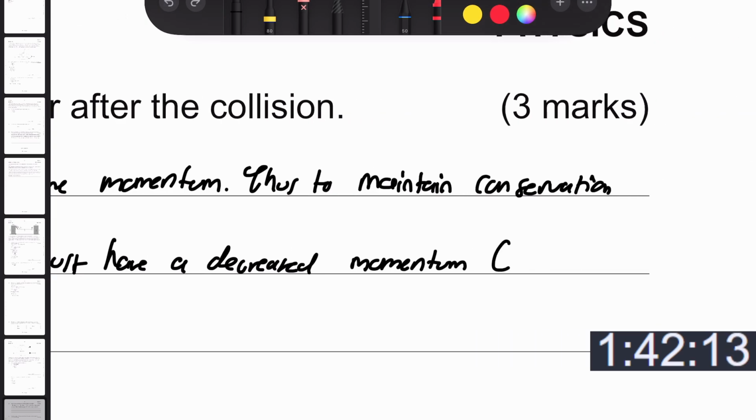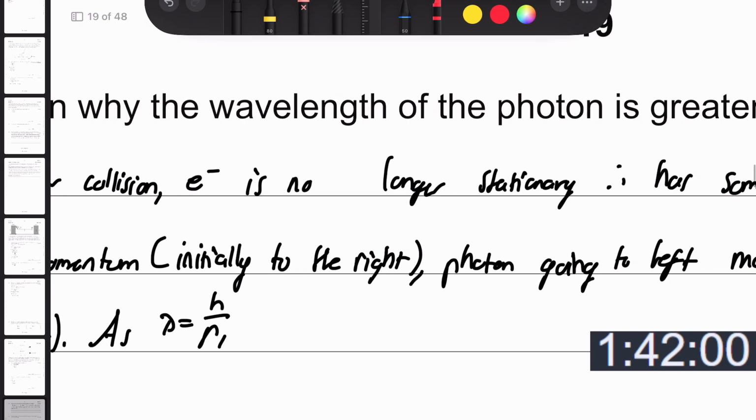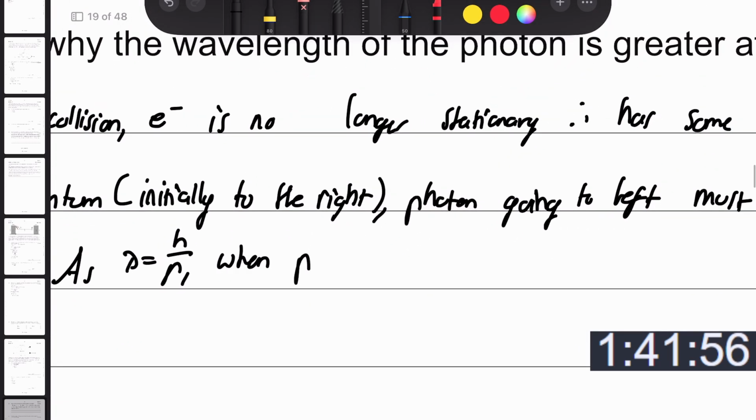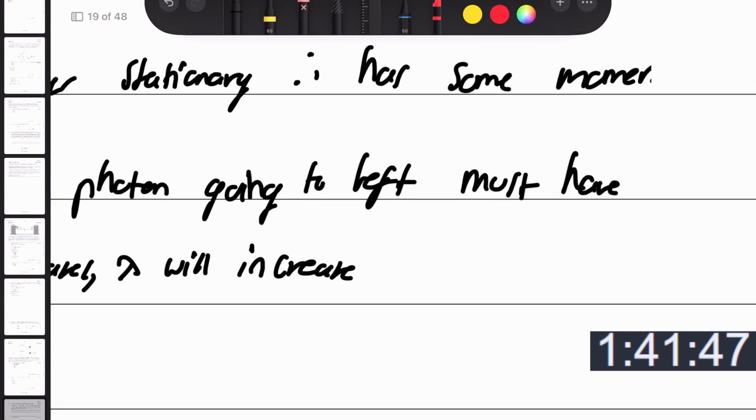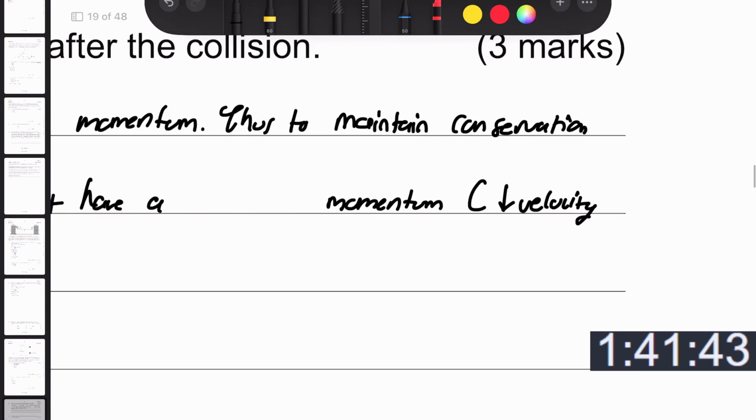So we'll just say decreased velocity to the left. And as lambda equals h over p, when p decreases, lambda will increase. It must have a lower momentum than initially.